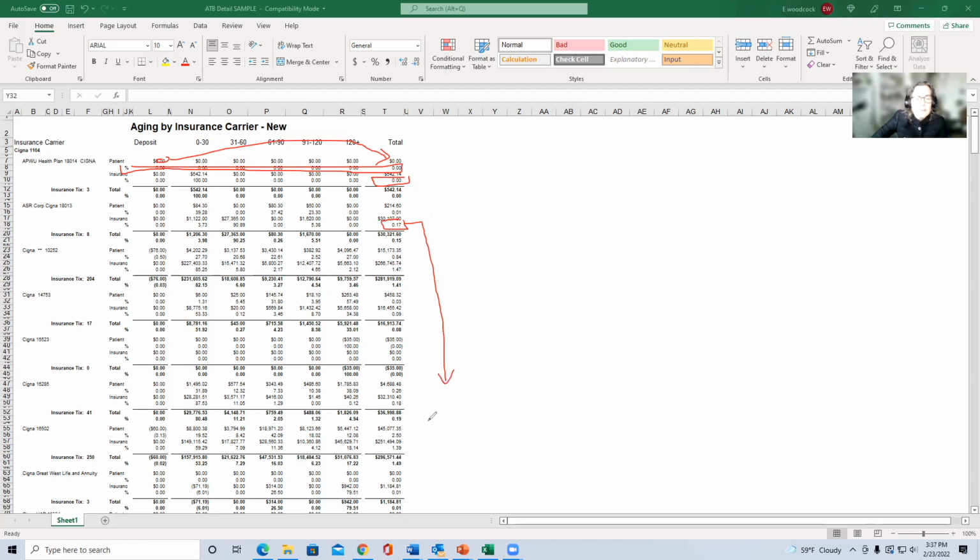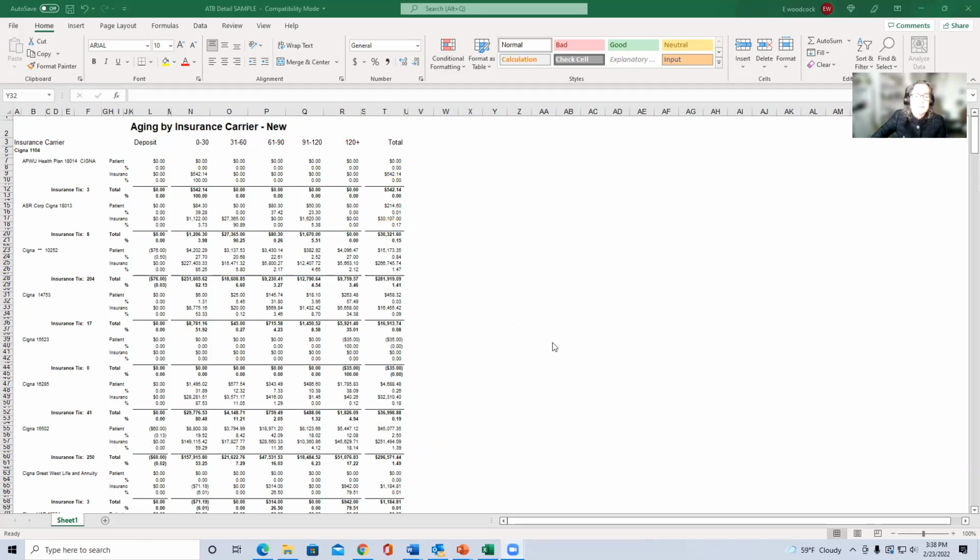By that, I mean, let's just take a big one, for example, our Cigna 16502 right here. It does represent, as you can see, 1.48% of all of our receivables. Again, all of our receivables. So that's an important part of really understanding how this report works.